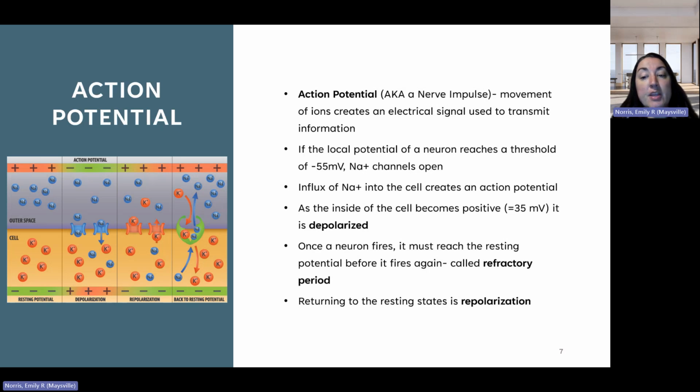So the neuron fires and moves the impulse along the axon to the next neuron. So it must reach the resting potential before it fires again. This is called a refractory period, which is basically a recovery period.